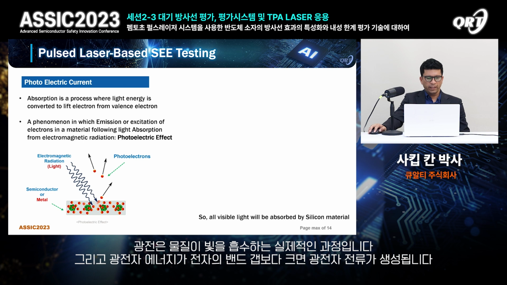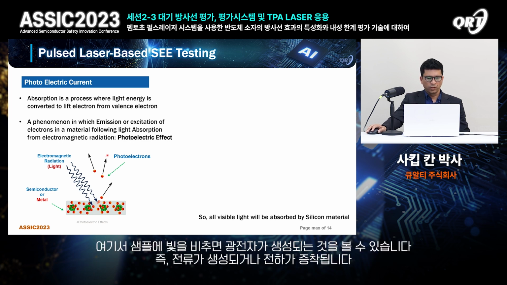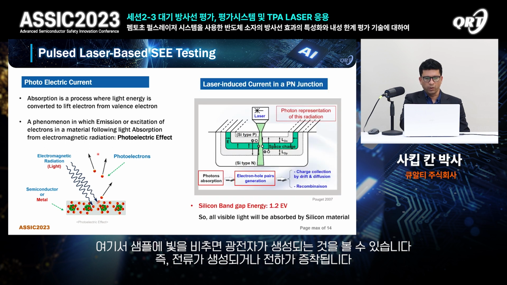The material absorbs the light, and a photoelectron current is produced if the energy of each photon is greater than the band gap energy of the electron. So here you can see as light is illuminated on the sample, it produces photoelectrons, which means current is generated or charge is deposited.